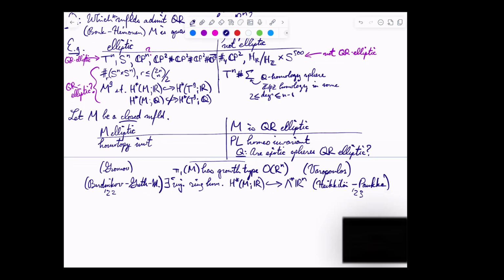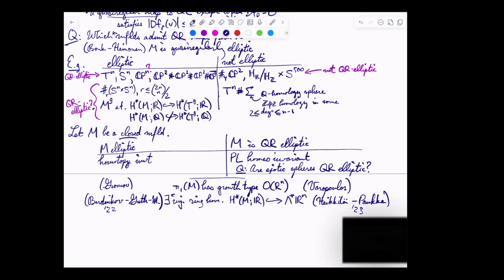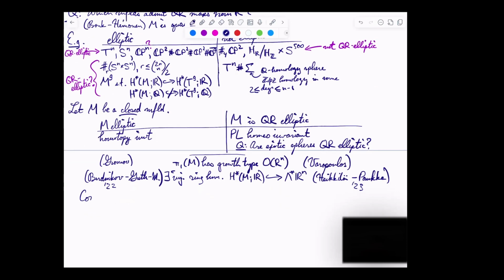And then there's a corollary of these two facts. It just follows formally, and so it's true for both elliptic and QR elliptic things.